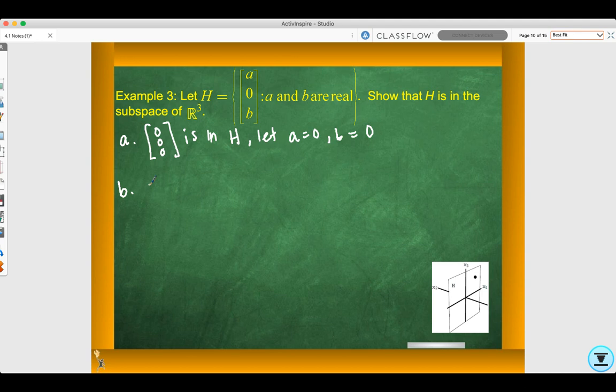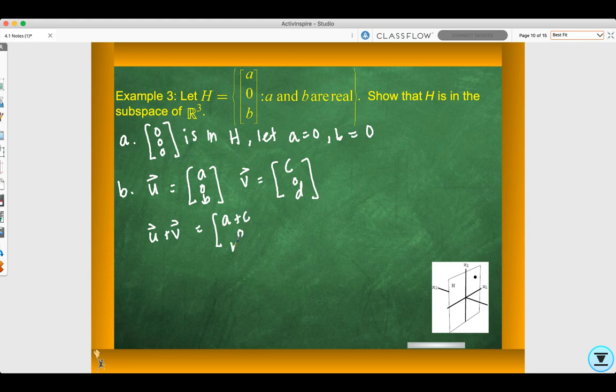For B, u is (a, 0, b). Let v be (c, 0, d). u plus v would equal (a plus c, 0, b plus d), which is also in H. And then C, u equals (a, 0, b).